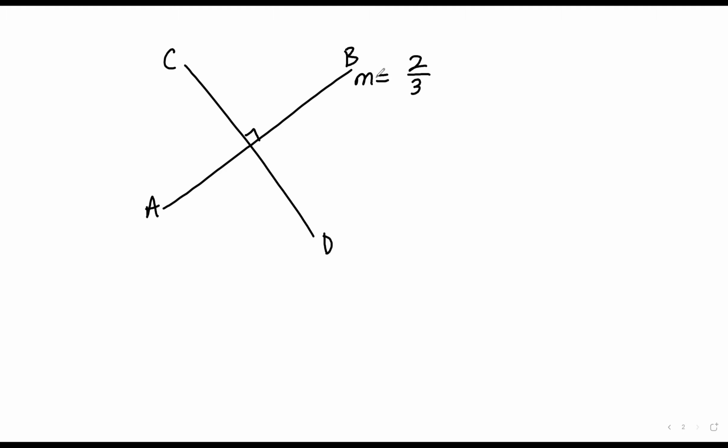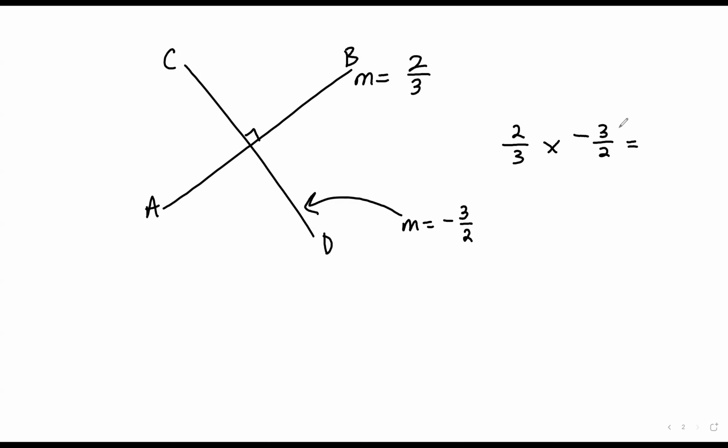Then the gradient of CD would be -3 over 2. So the product of the gradients of perpendicular lines is -1. You can recall it as that, or think of it as negative reciprocal gradients.